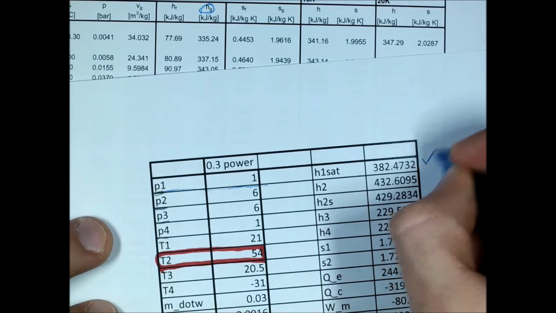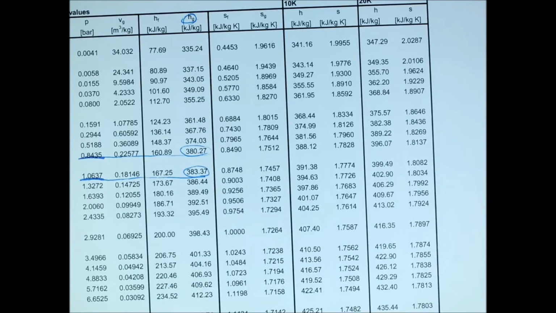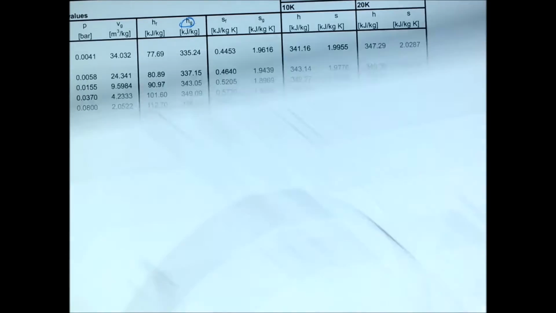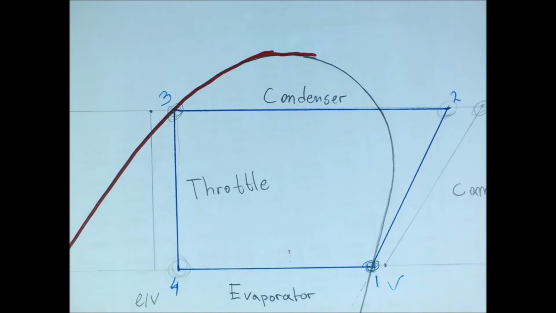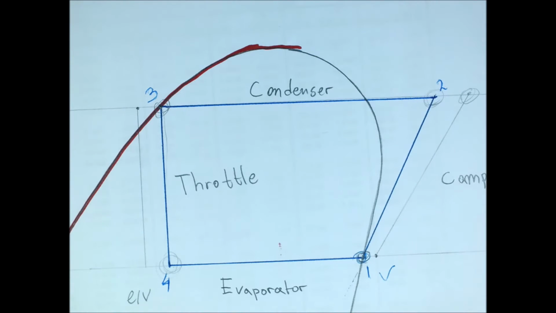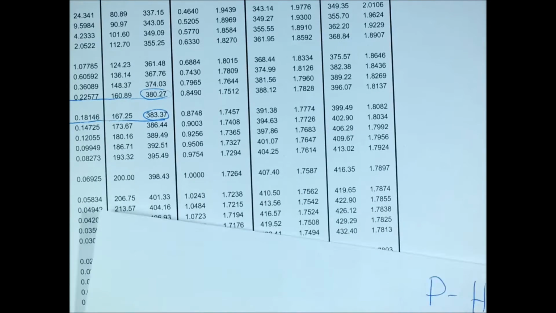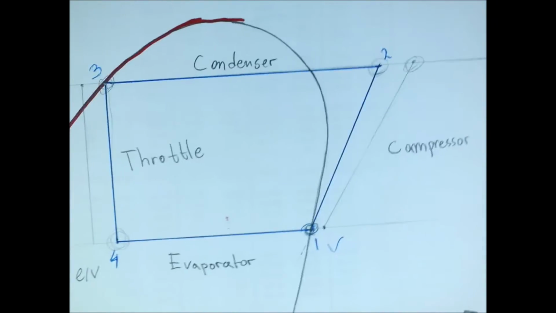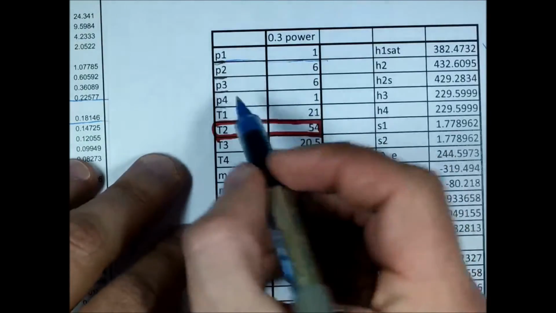Now let's see the other easy point. This one is done. The other easy point was here, 3. It lies precisely on the saturation curve, so we can just use the saturated tables. For point 3, which is the station after the condenser, let's look at our table with values.